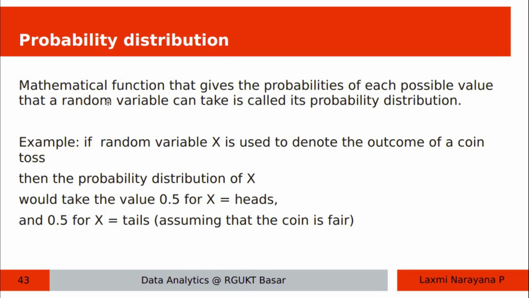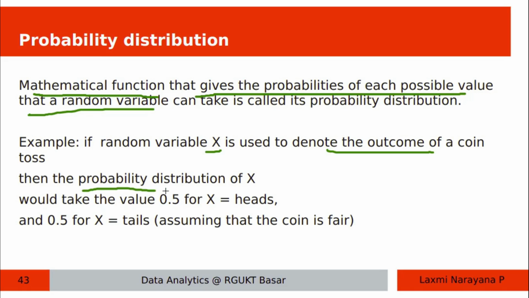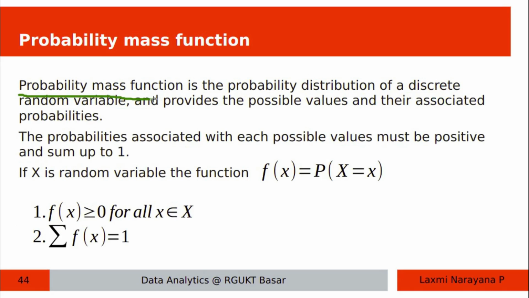Probability distributions. It is a mathematical function that gives the probabilities of each possible value that a random variable can take. For example, if random variable X is used to denote the outcome of a coin toss, then the probability distribution of X would be 0.5 for heads and 0.5 for tails, if that coin is fair. Probability mass function.